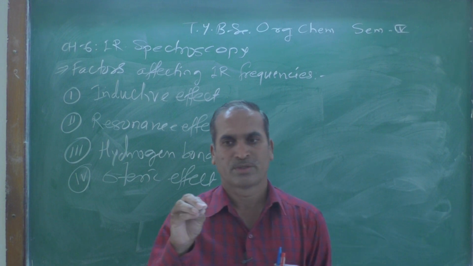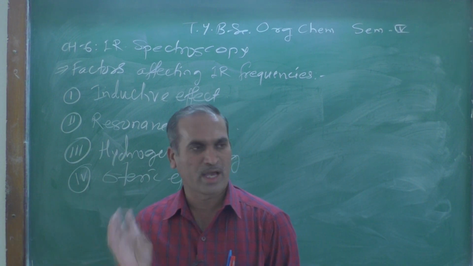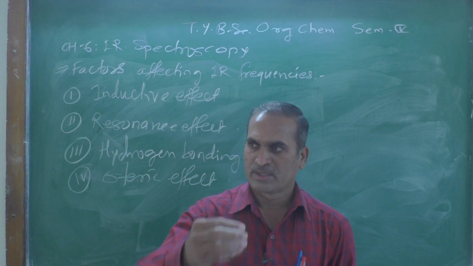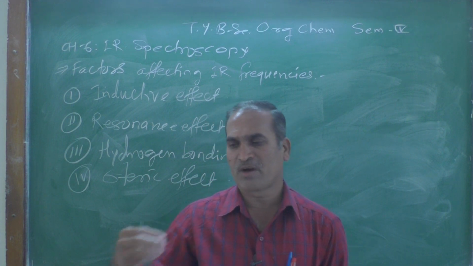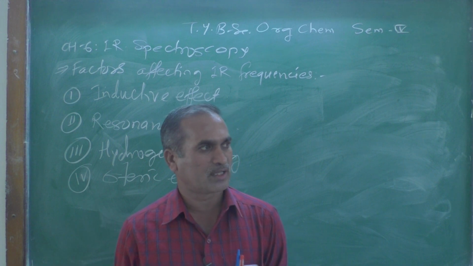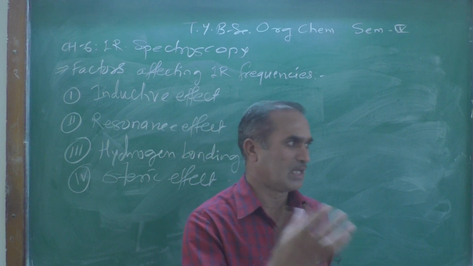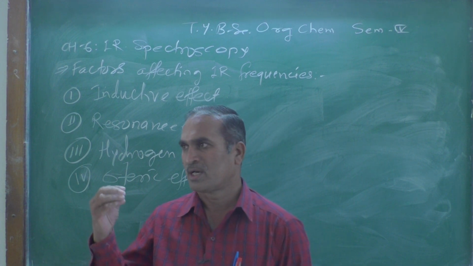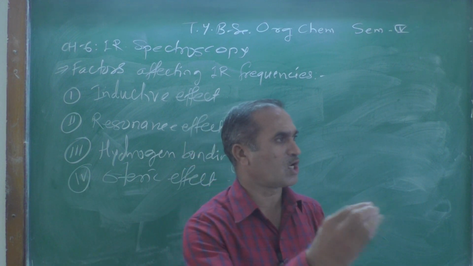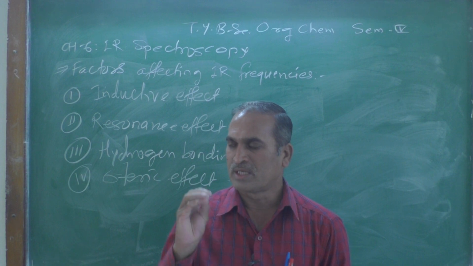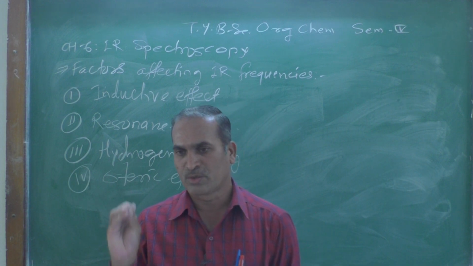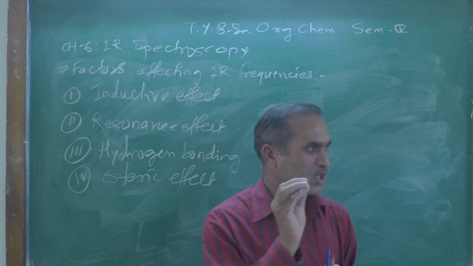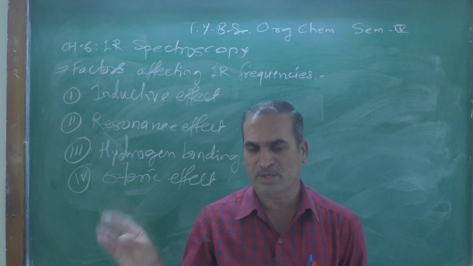Such groups are known as electron donating groups. Examples of electron donating groups are mainly alkyl groups, hydroxyl groups, amine groups, alkoxide groups. These are the groups responsible for the electron donating effect.